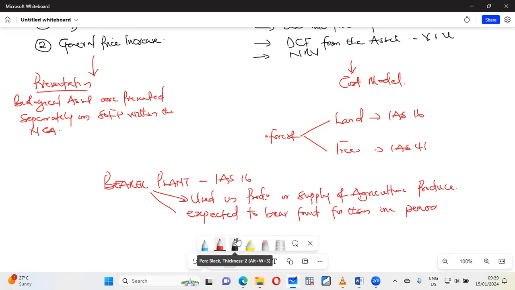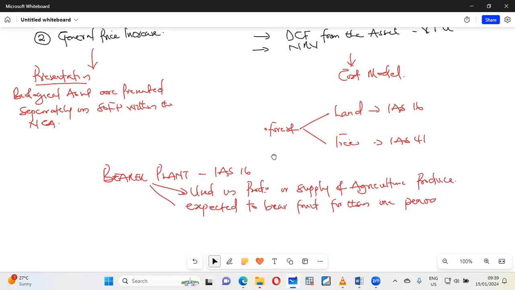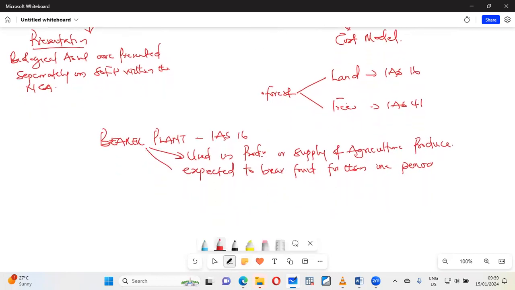That plant itself is not like agricultural produce you can sell. So there is a remote likelihood that the bearer plant will be sold as an agricultural produce.